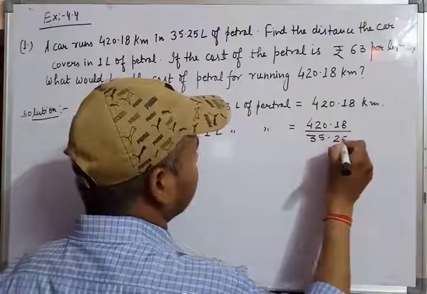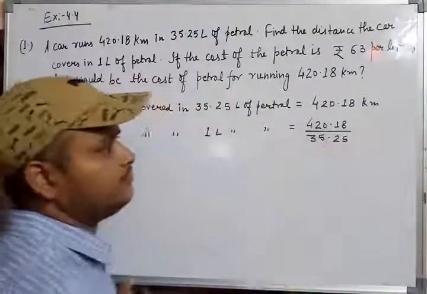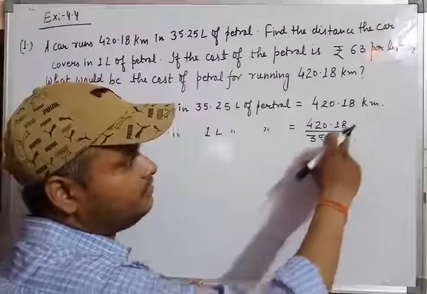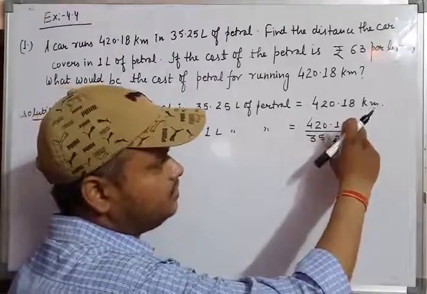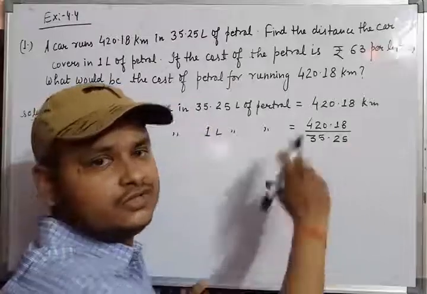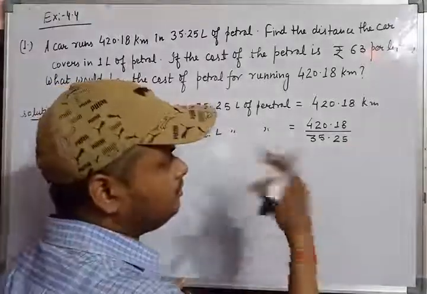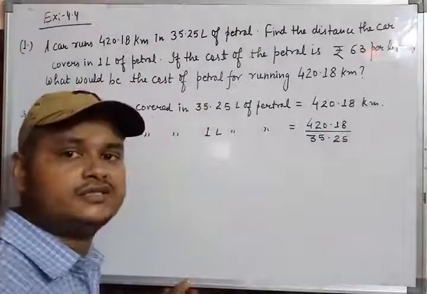35.25. Students, look, this type of problem is an example of division of a decimal by another decimal. I have explained in the previous video how we can divide a decimal by another decimal.